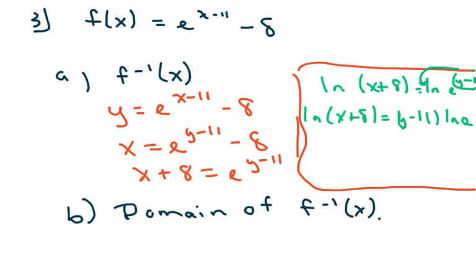Alright? ln of e equals 1. If you haven't studied logs yet, then you might want to skip this. But if you have, then you're good to go. So then I can cross that out. ln of e is 1. And then I'll just solve for y.